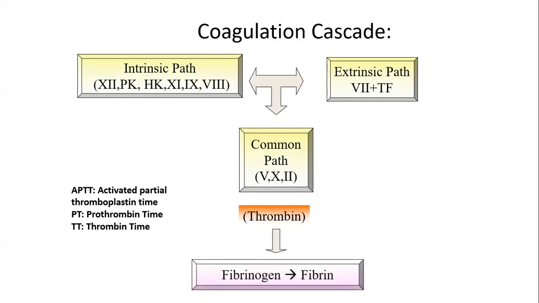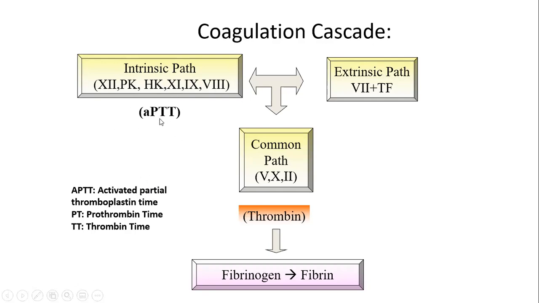So this is the summary. Now in clinical practice we do tests that we call the coagulation profile, checking the coagulation system. One test is activated partial thromboplastin time, and it signifies the intrinsic pathway. Please understand this.